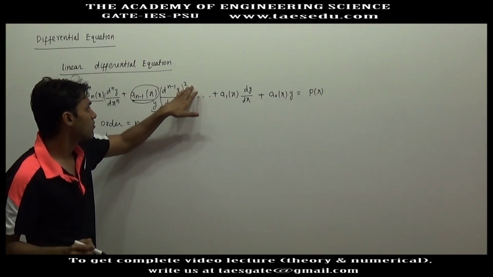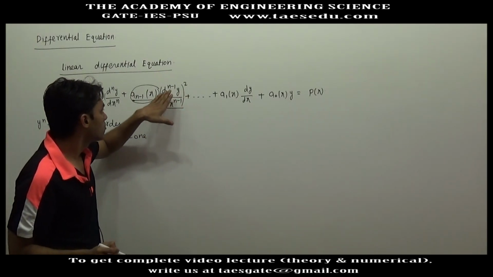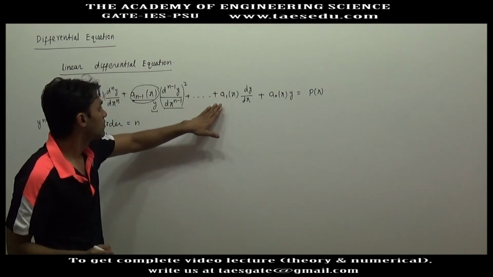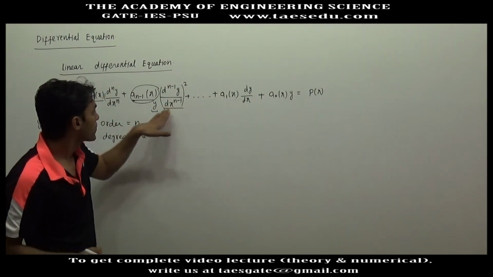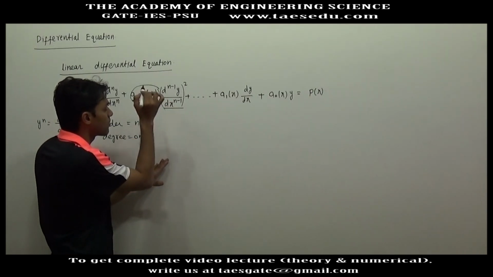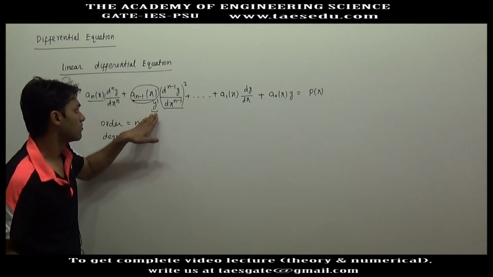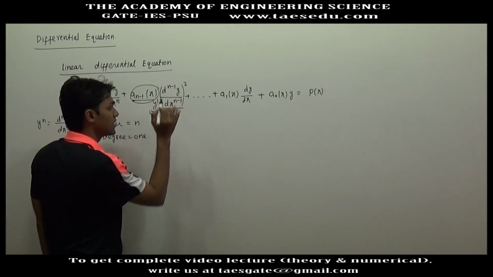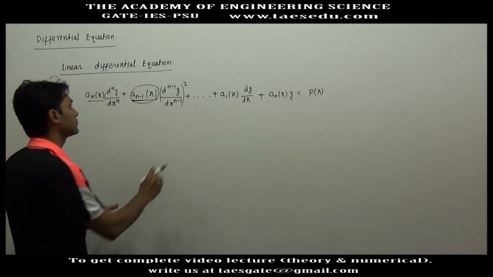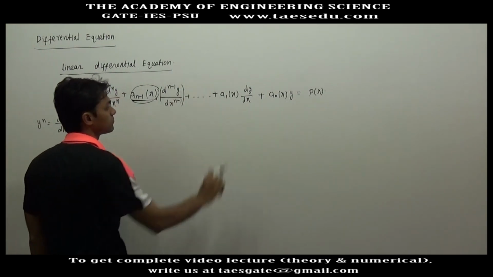Either you make its power 2, or if you multiply any derivative of y term with a function of y, it will make it nonlinear. So this is the general form of a linear differential equation. Here we cannot have a square.